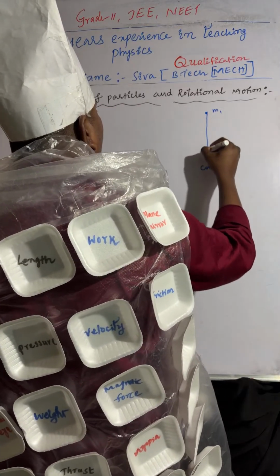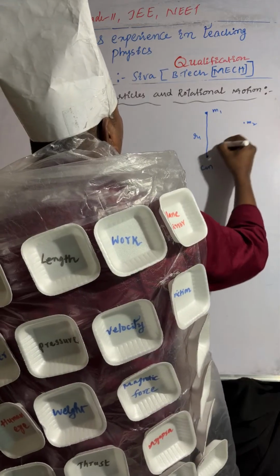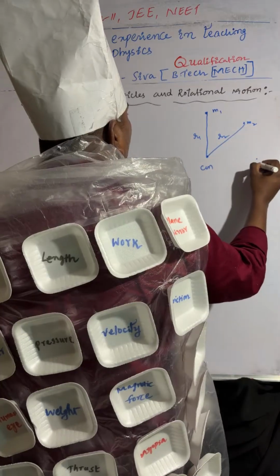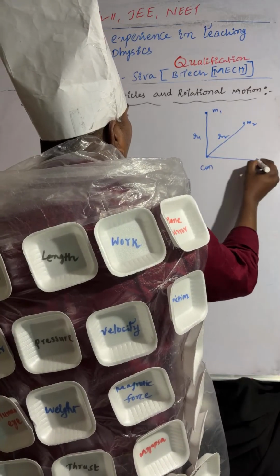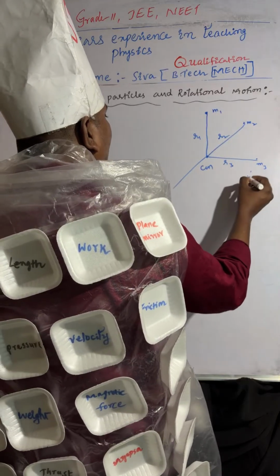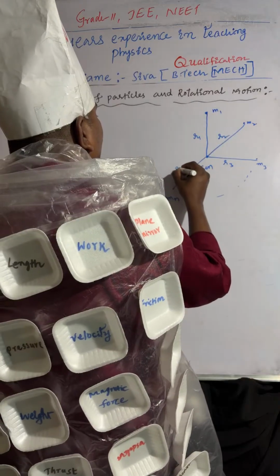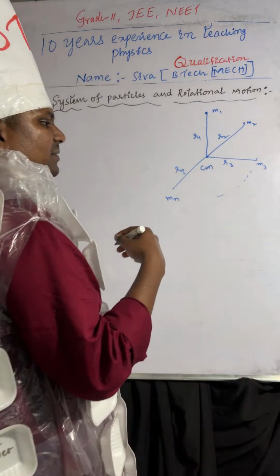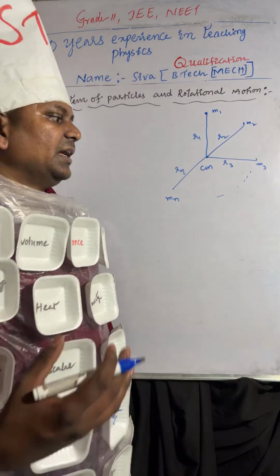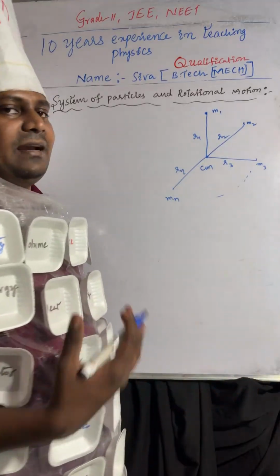From here to here is R1, and here is M2, likewise here R2, and suppose M3 with R3, and so on. I am taking Mn, and the position of the center of mass from that particle is Rn.